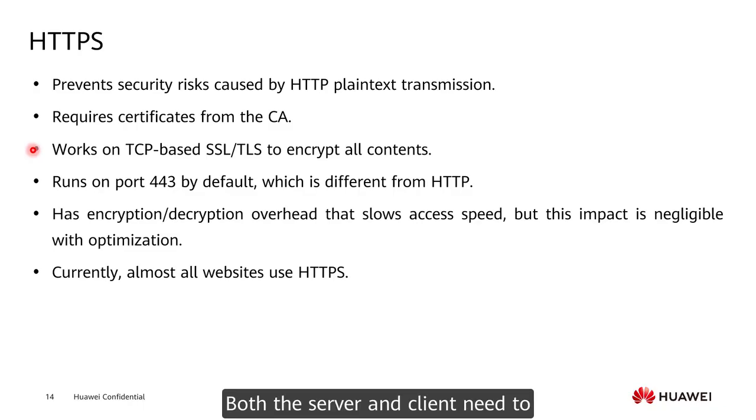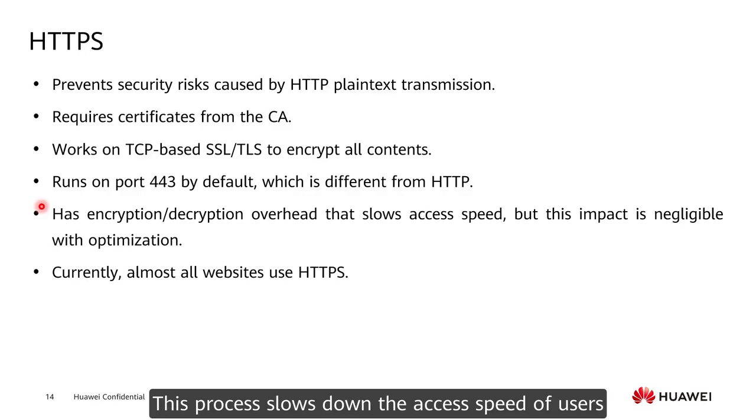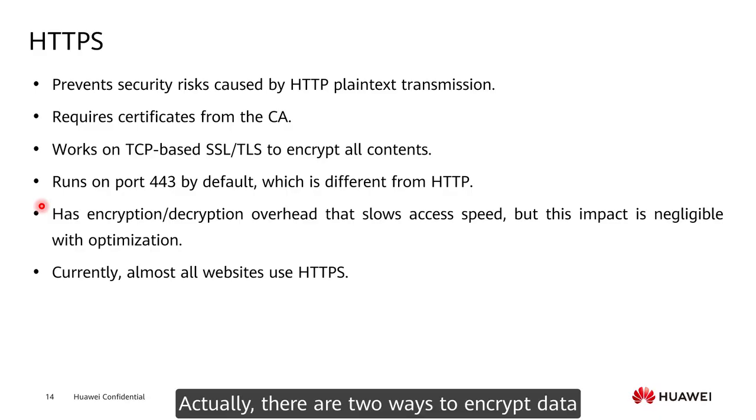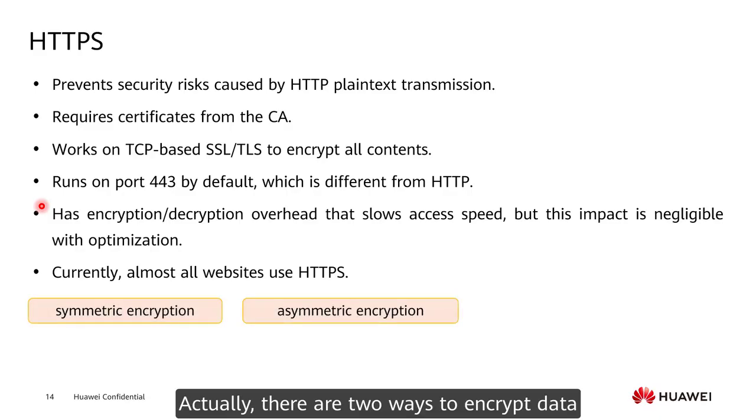Both the server and client need to encrypt and decrypt the data. This process slows down the access speed of users, but the impact is very small and the user can hardly feel it. Actually, there are two ways to encrypt data: symmetric encryption and asymmetric encryption.